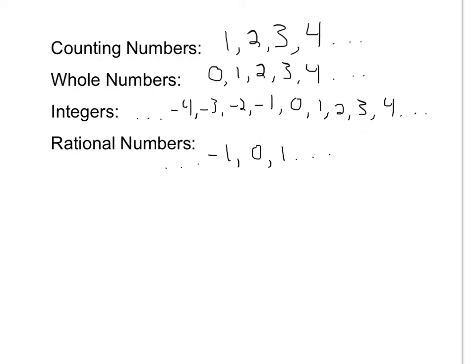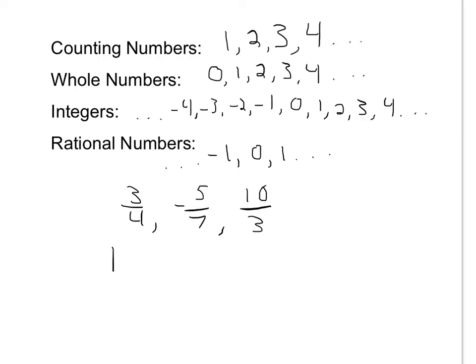But now we're including fractions, so 3/4. Maybe we've got negative 5/7. Maybe we've got 10 over 3. Fractions like that. They could also be decimals, and they are decimals that stop, or repeating decimals.